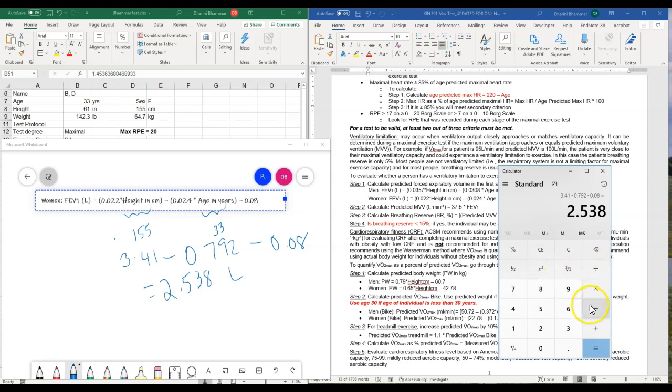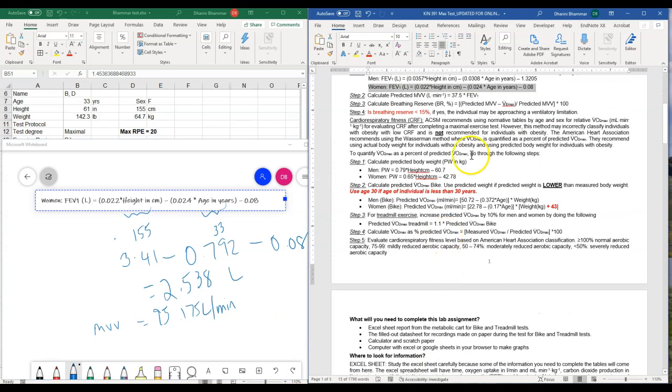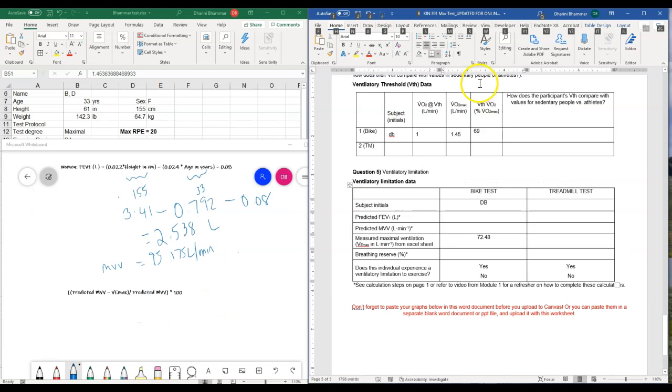I'll just do it right away, multiplied by 37.5, and so MVV predicted is 95.175 liters per minute, and then we have to calculate breathing reserve. So let's copy this out, I'll fill these out over here: 2.538, 95.175.